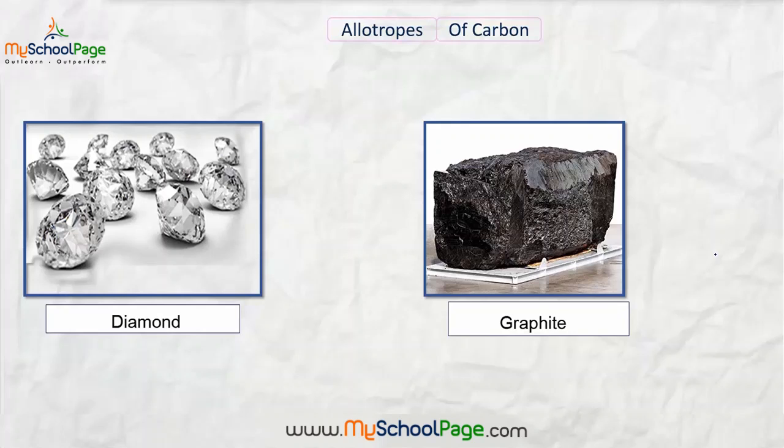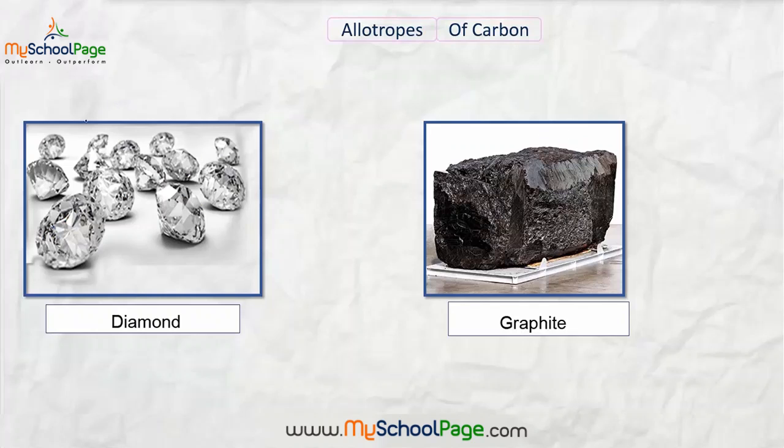The first difference which occurs when we look at these two allotropic forms of carbon is their occurrence. Observe the diamond. Diamonds are colorless and transparent solids with extraordinary brilliance. Now, how is the graphite? Graphite is opaque and grayish black.